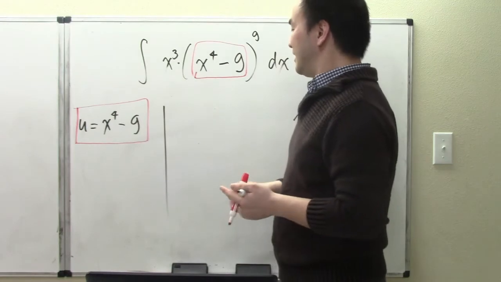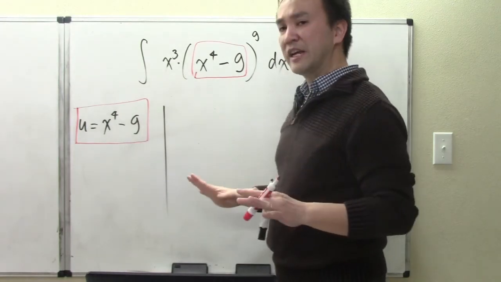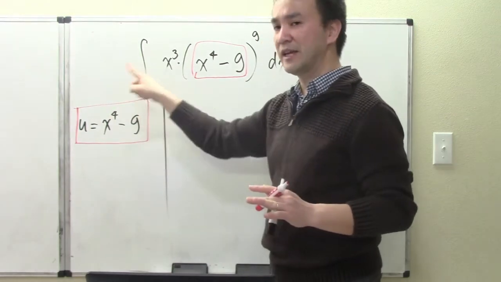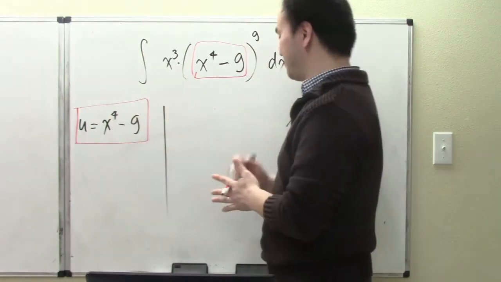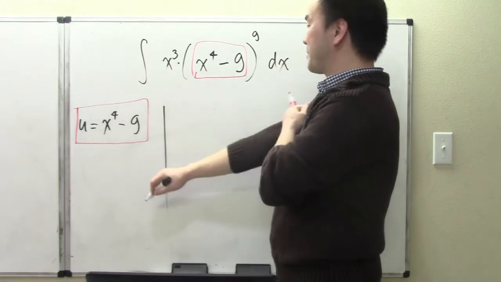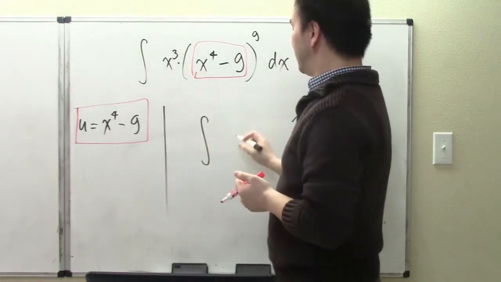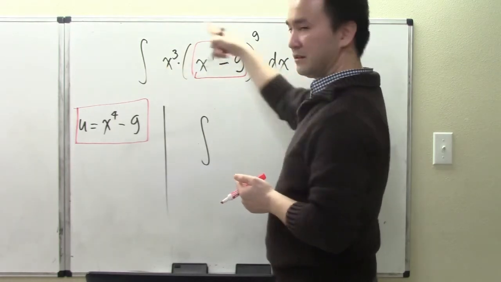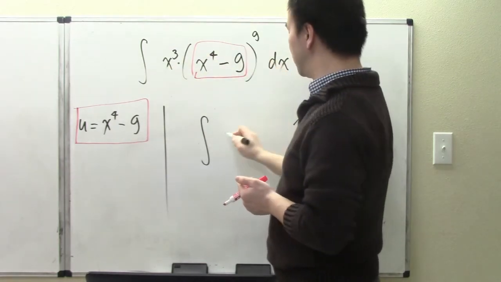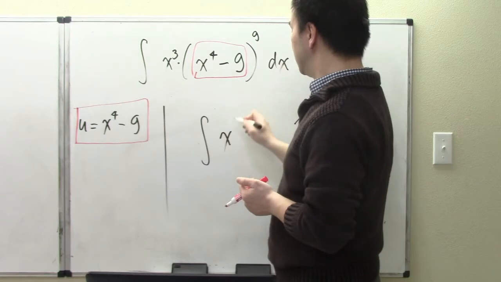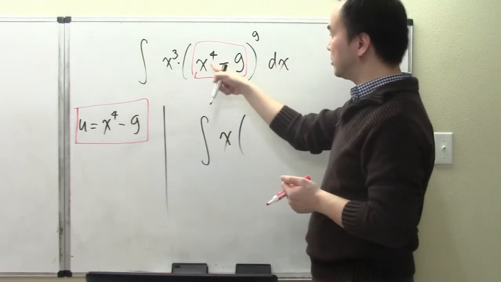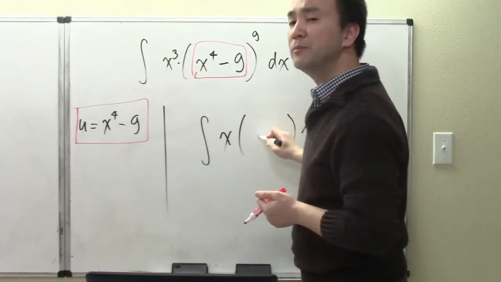All right, and so now think about the impact. Once you've made your substitution, think about the impact. The first impact, back in the starting problem itself, is that the whole x to the 4th minus 9 can now be simplified down.